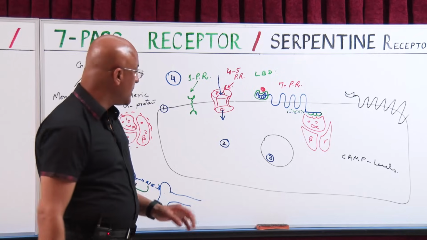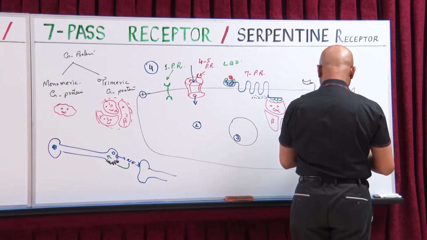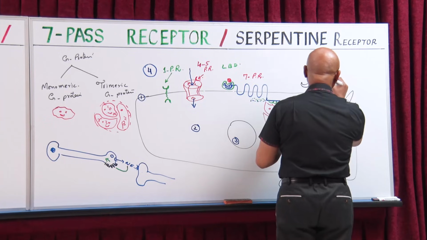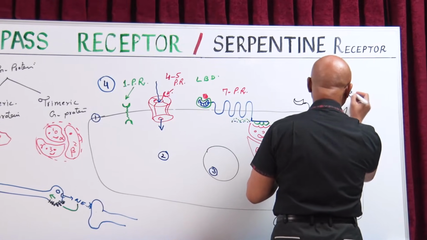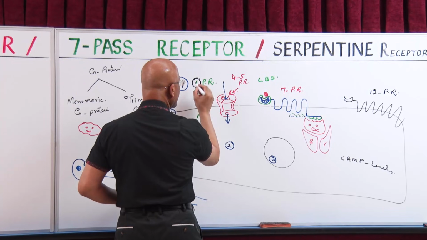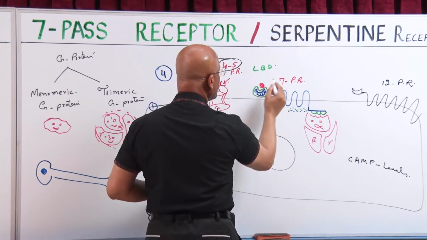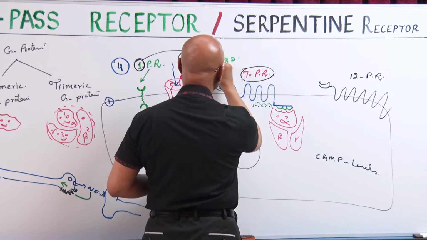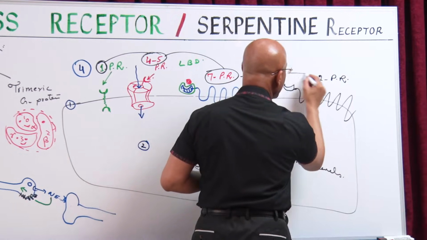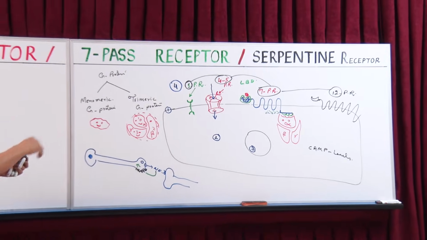Is that clear? So how many types of transmembrane receptors are there? We have 1 pass receptors, we have 4 to 5 pass receptors, we have 7 pass receptors, and we have 12 pass receptors. So these receptors are present on the membrane.